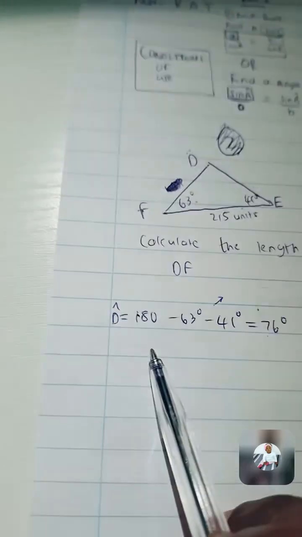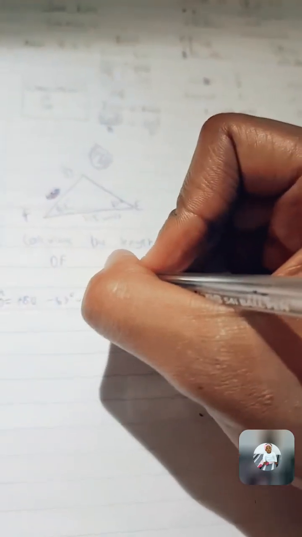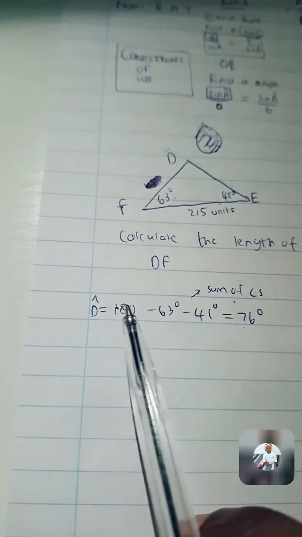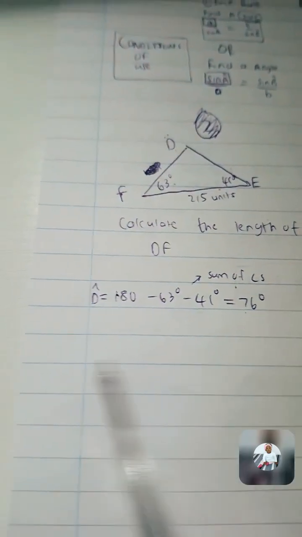What's the reason we would write, almost as in Euclidean geometry? They want us to always write reasons when we state something like that. It's sum of angles in a triangle. So I would have written that as my statement and my reason, and then my answer after that.